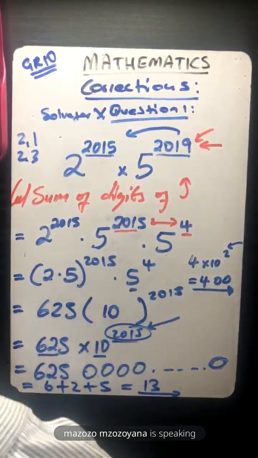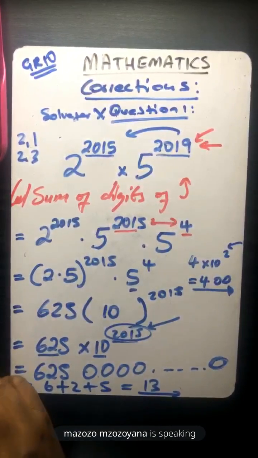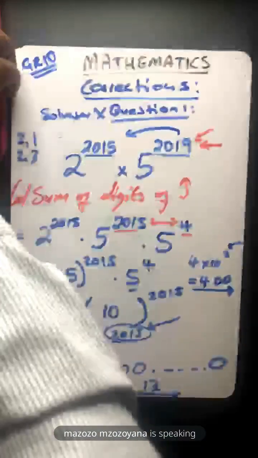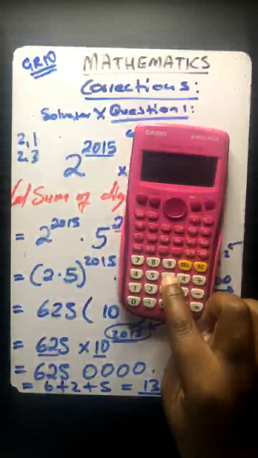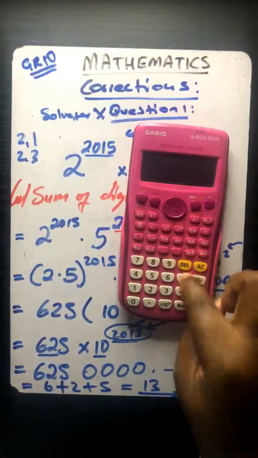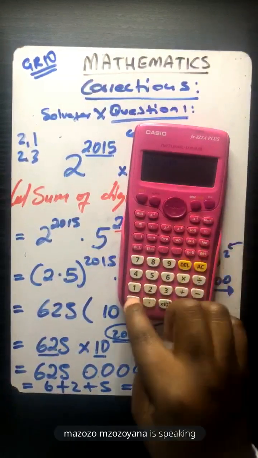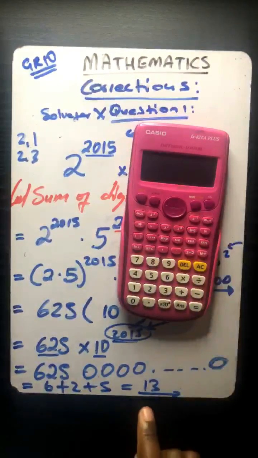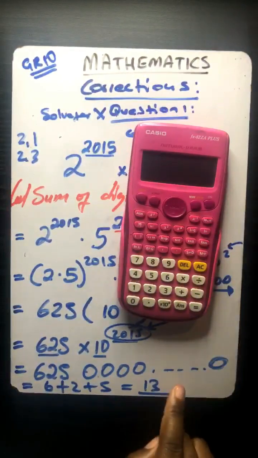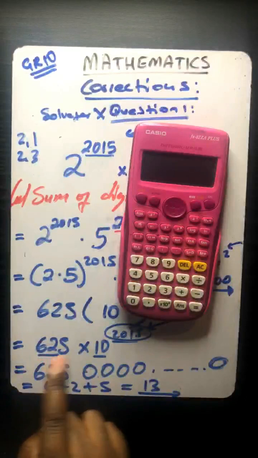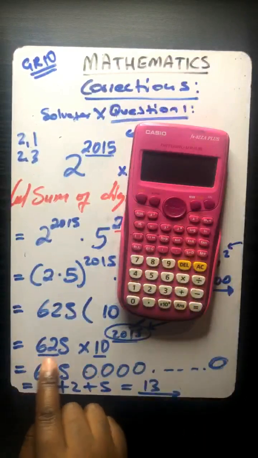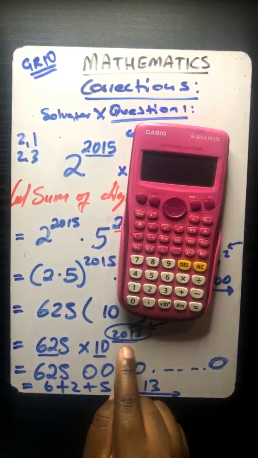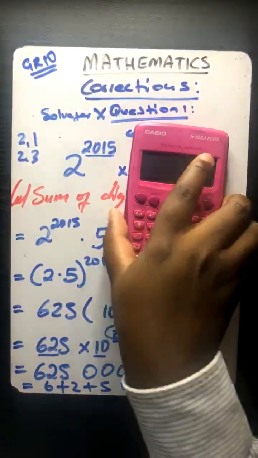I'm not getting the zeros. Imagine a calculator having to read 625 and the 2015 zeros. It's too much.